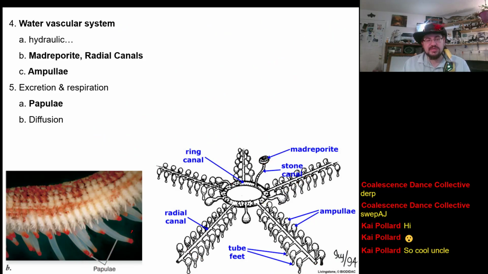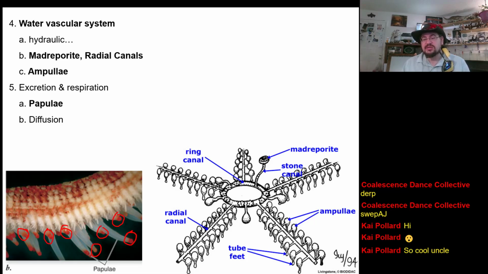So at the tips of the tube feet are these papillae. These papillae are where gas exchange occurs, where what you think of as the gills are. So respiration occurs here, and you can get oxygenated water into the tube feet and into the water vascular system.